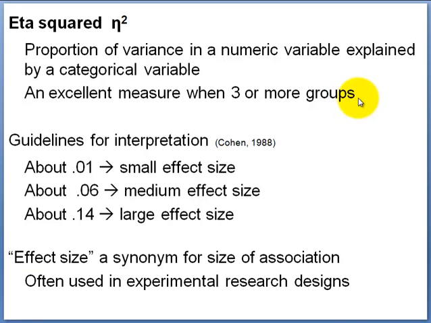I should repeat before going on: when I say it's an excellent measure of size of association, I could equally well have said it's an excellent measure of effect size. The term effect size is really a synonym for size of association and strength of association. Effect size often gets used when we talk about experimental data. So here are guidelines for interpreting the size of association for given values of eta squared.